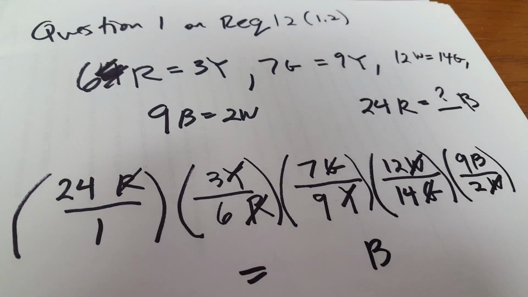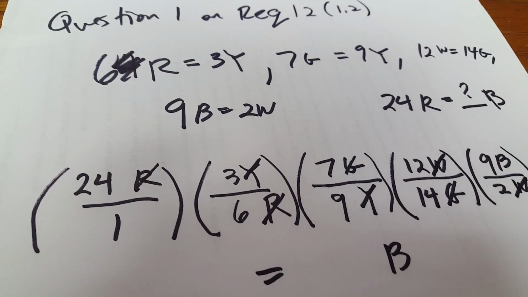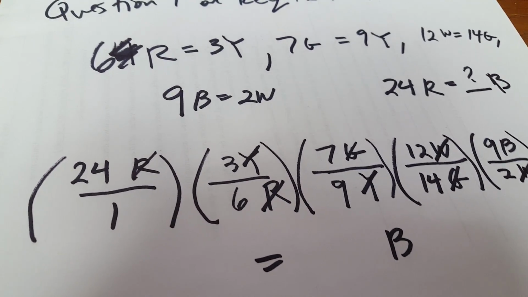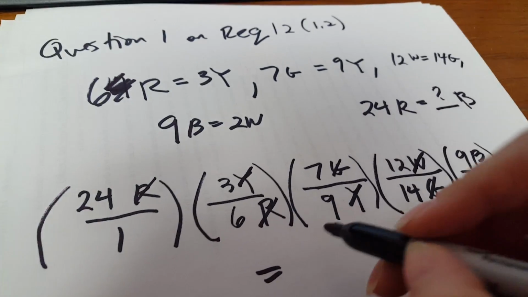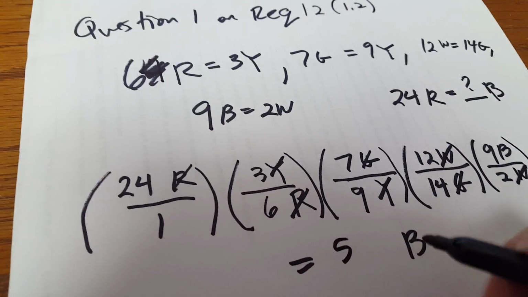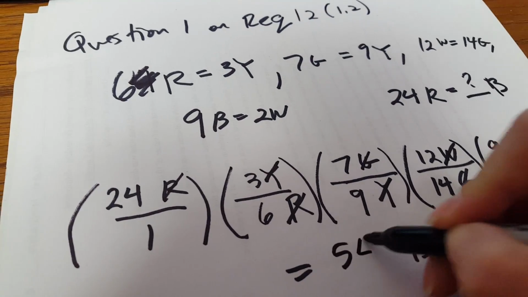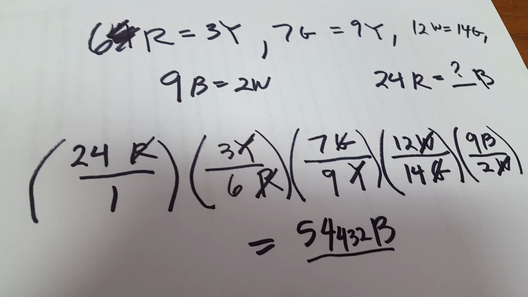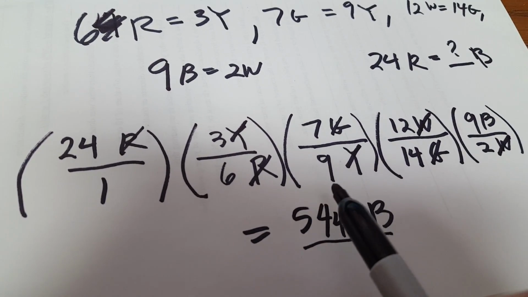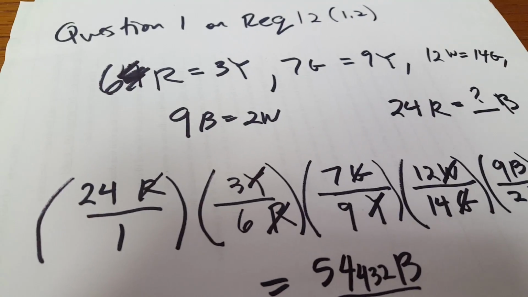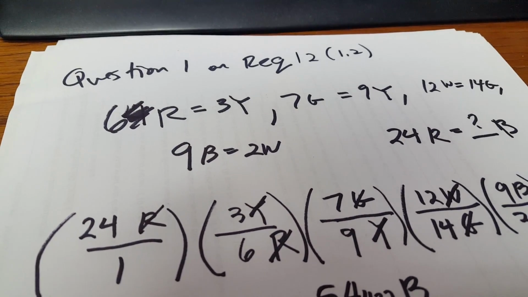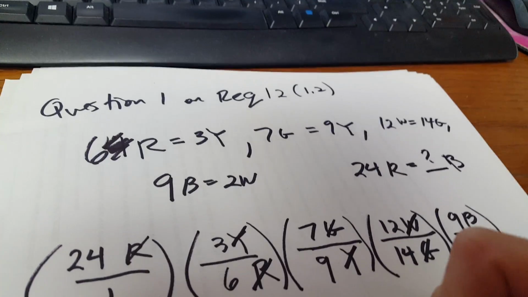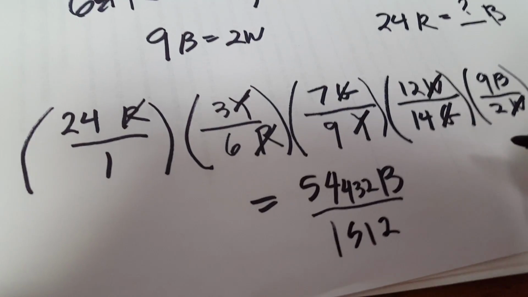Now I get to multiply numerator and denominator. Just for the sake of ease, I'm going to multiply all those pieces: 24 times 3 times 7 times 12 times 9. I'm going to give you the unreduced version: 54,432 over, and then multiplying all the denominators: the 1 times the 6 times the 9 times the 14 times the 2, which is 1512.